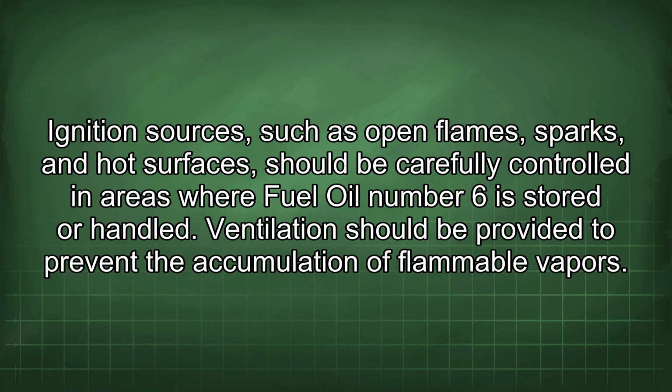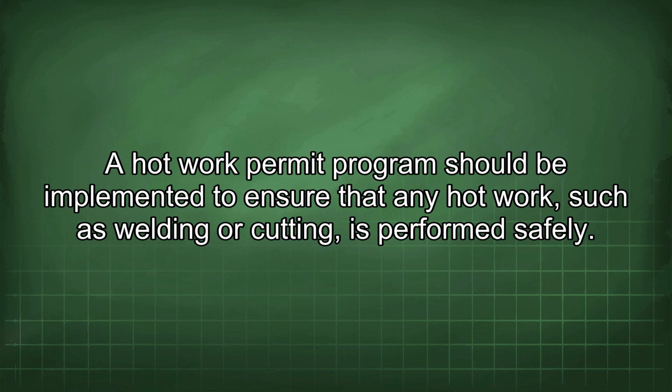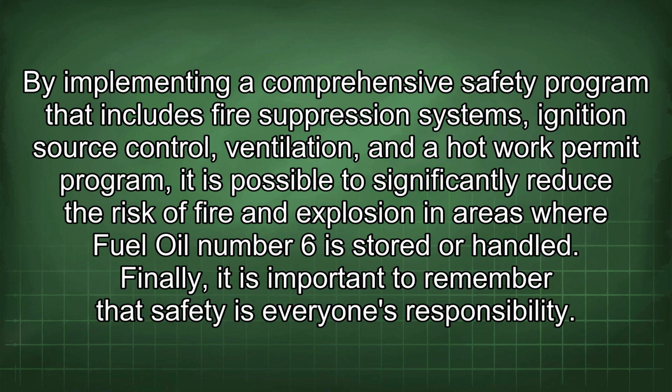Ventilation should be provided to prevent the accumulation of flammable vapors. A hot work permit program should be implemented to ensure that any hot work, such as welding or cutting, is performed safely. By implementing a comprehensive safety program that includes fire suppression systems, ignition source control, ventilation, and a hot work permit program, it is possible to significantly reduce the risk of fire and explosion in areas where fuel oil number 6 is stored or handled.